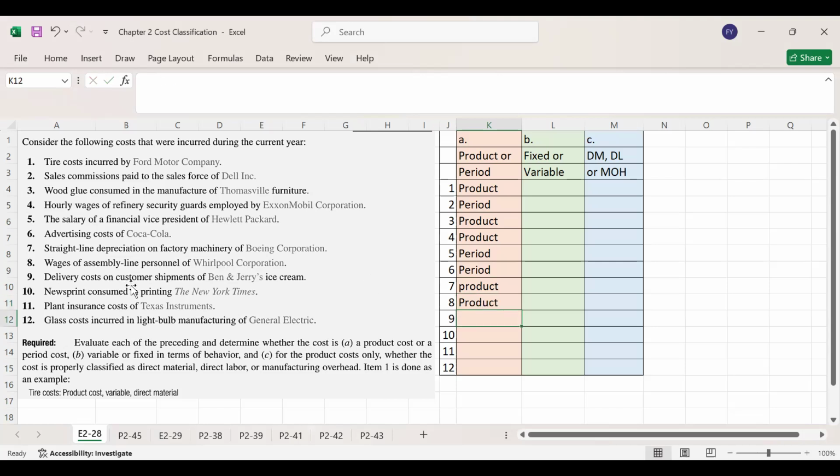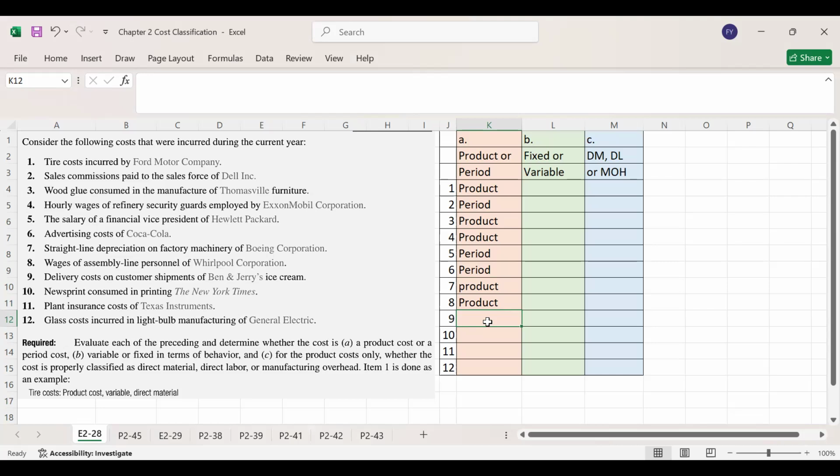Then delivery cost on customer shipment of Ben and Jerry's ice cream. Delivery cost is not a part of production cost or manufacturing cost, but it is a cost of selling, delivering, or shipping the product.